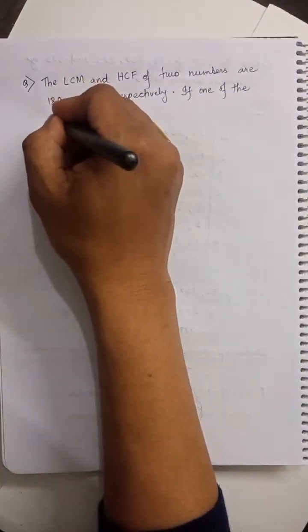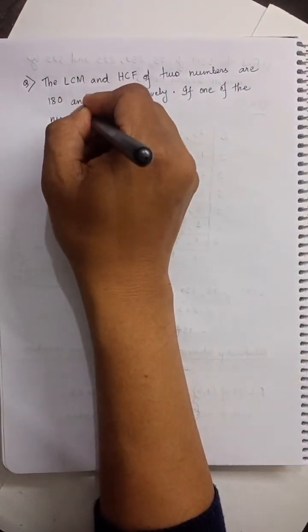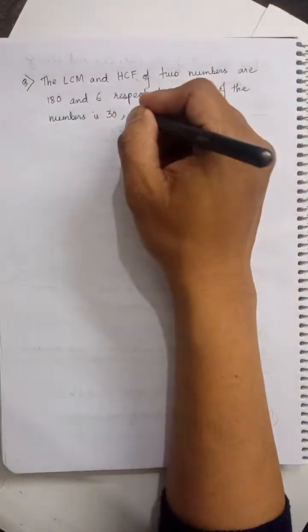The LCM and HCF, that means the lowest common multiple and the highest common factor of two numbers, are 180 and 6 respectively. If one of the numbers is 30, find the other number.